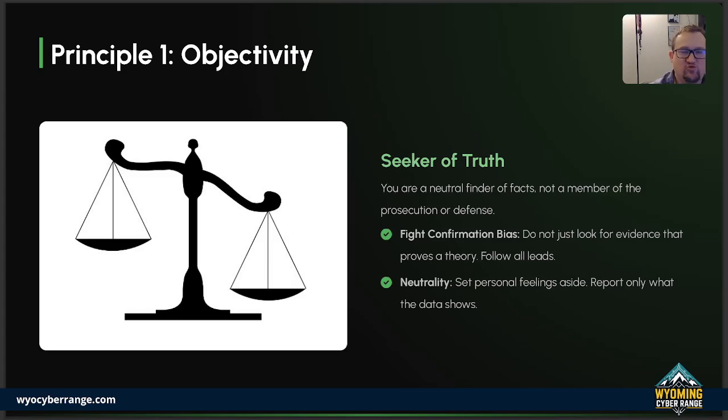You need to have some neutrality. So set personal feelings aside and report only what the data shows. And this is pretty hard to do, especially if you have some backstory with the client, or maybe you lost a family member due to a homicide, or somebody went through sexual abuse, and this person has now been arrested for child pornography or something in that nature.